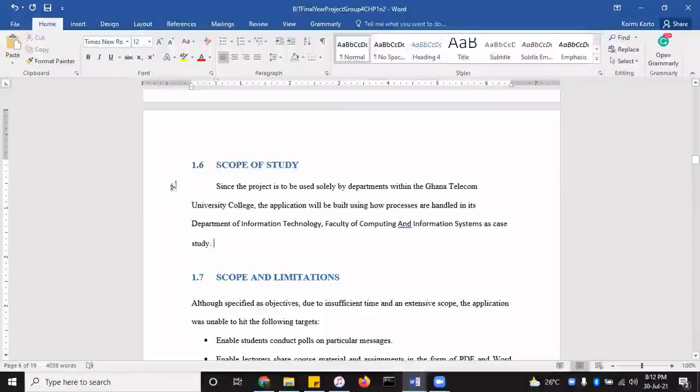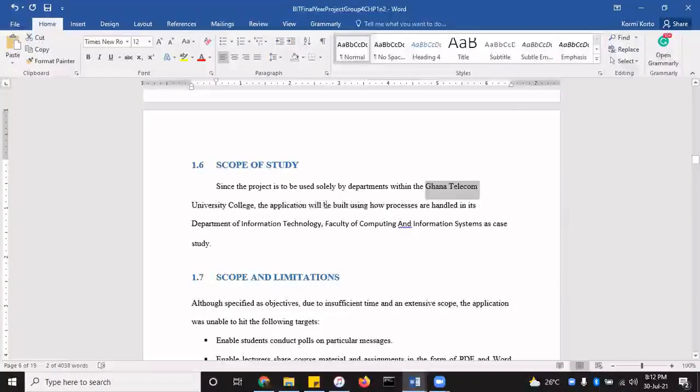So what he says is, since the project is to be used solely by departments within the, this is an old name, so it will be within GCTU.